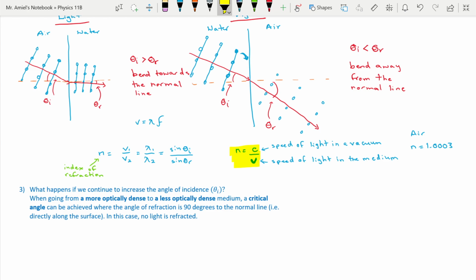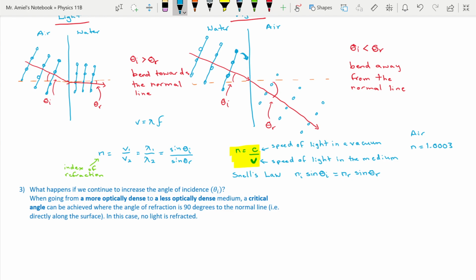Now, another equation that we can use in other general cases is Snell's law, where we have the index of refraction in the incidence material times the sine of the angle of incidence is equal to the index of refraction in the refracting material times the sine of the angle of refraction.